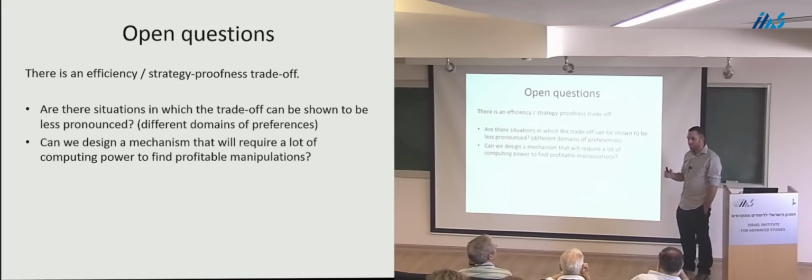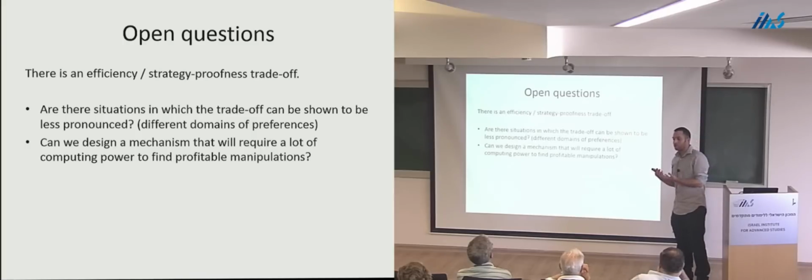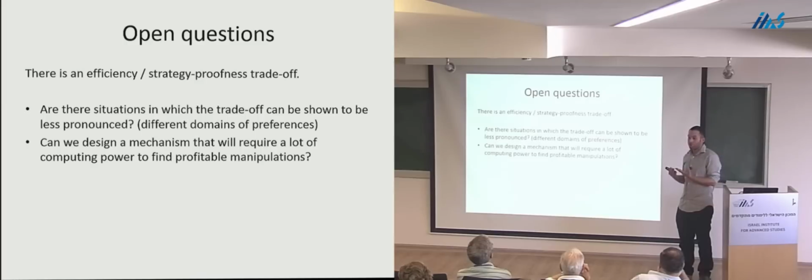Okay, so it's common in those summer schools to suggest some open questions to students, so I thought this might be a good place to do that. We saw that there is an efficiency strategy-proofness trade-off, but I think there are two questions that should be asked here. One of them is, can we think of some cases in which this trade-off is less important?